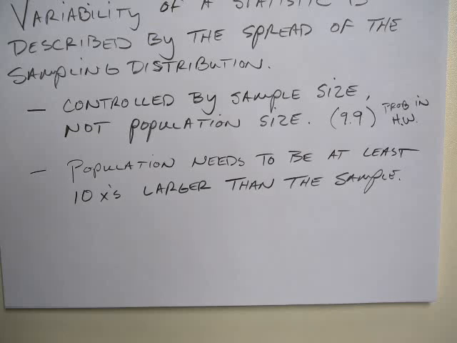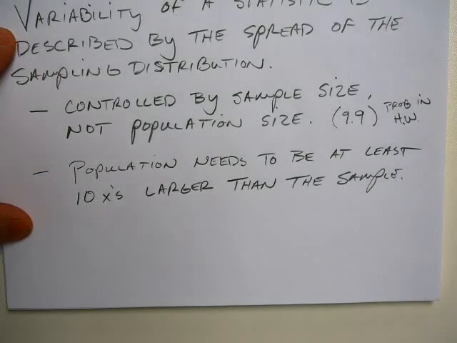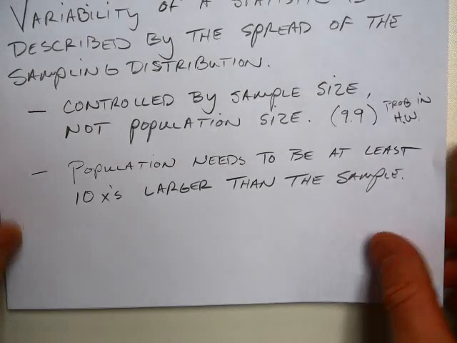So I couldn't take 4 of you at a time and have those numbers work out right, or 10 of you at a time, given the size of this class. So 3 would be about as many as I could take at a time for a sampling distribution. Otherwise, my variability will become a problem. Okay. All right.